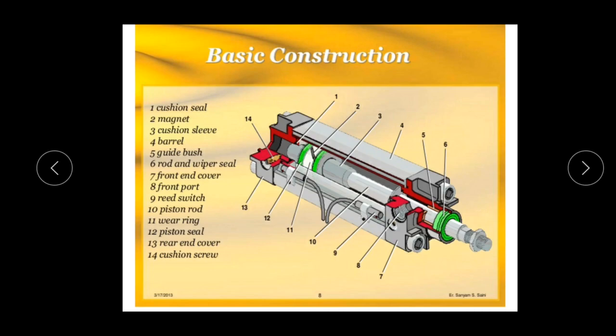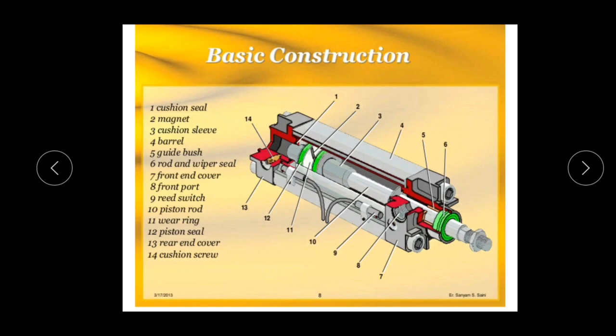And number 11, the middle portion between the 2 green lines, is called the wear ring. The green line at the left side, indicated by number 12, is called the piston seal.